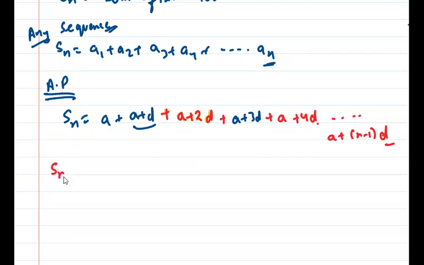Now you have to find this. Now my question is, how many times is A there? Tell me, how many times is A there? Count it. Prahlad, what's the meaning of sum? What is the meaning of addition?